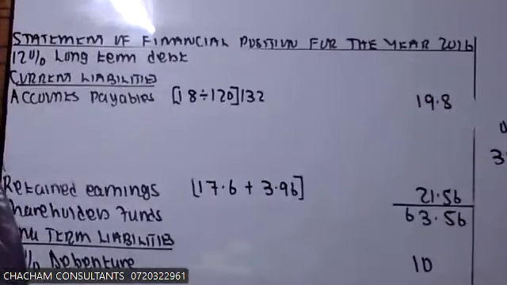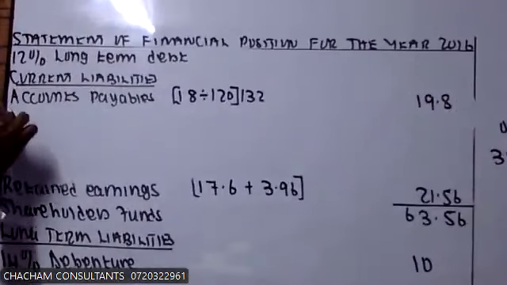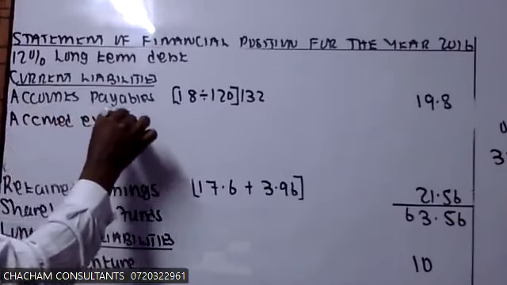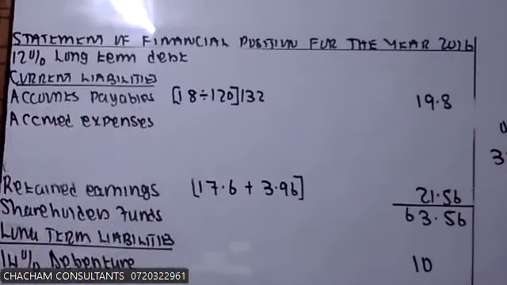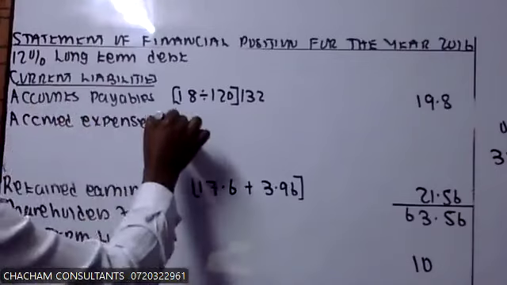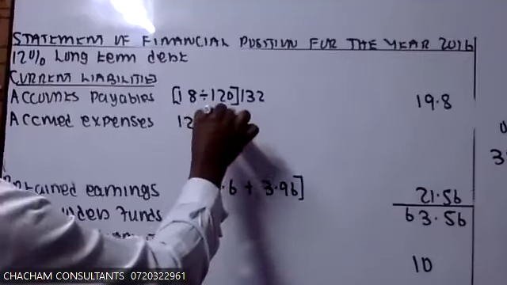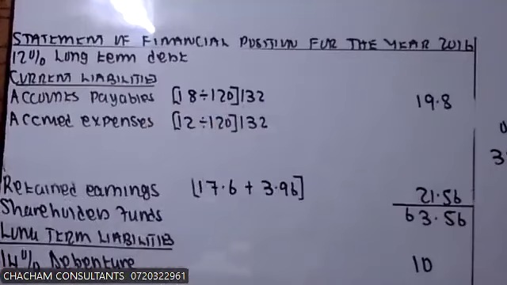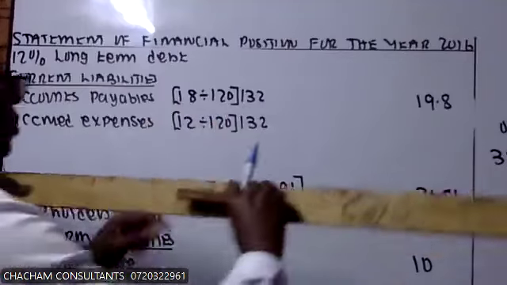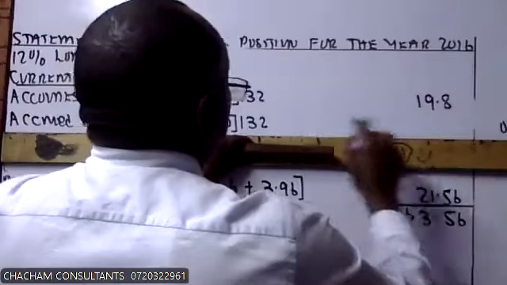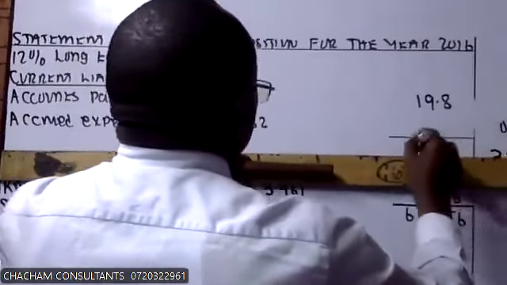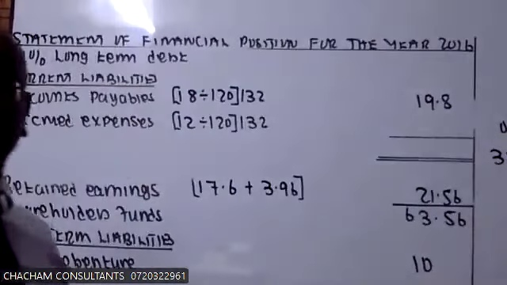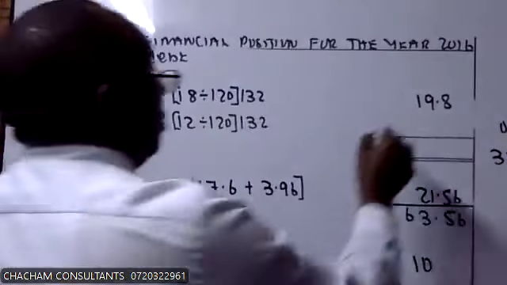The next one, anaitwa accrued expenses. Accrued expenses, last year they were 12. So 12, you divide by the sales, multiplied by the new sales. $13.2.